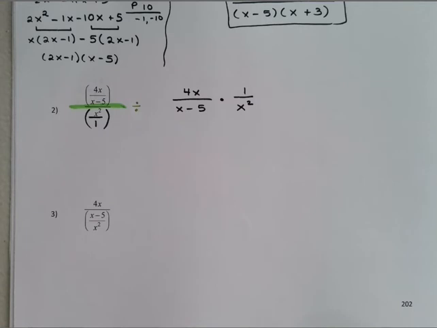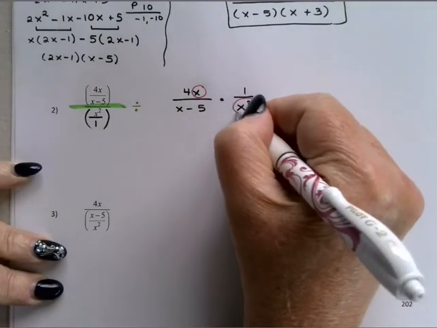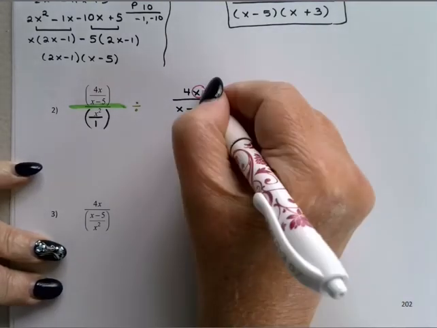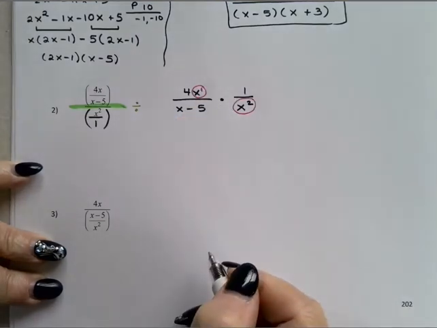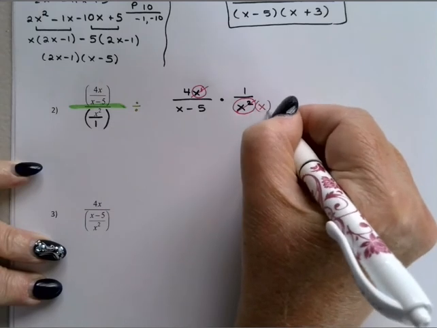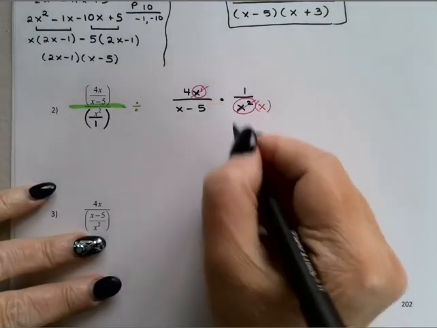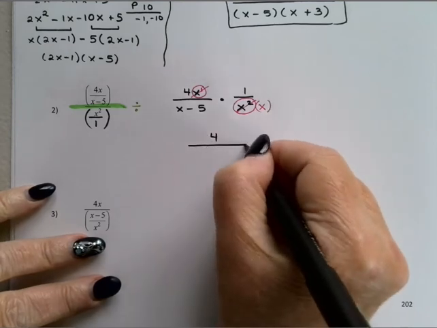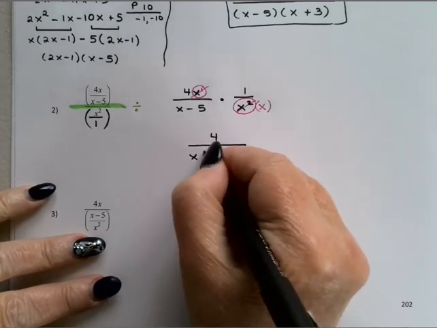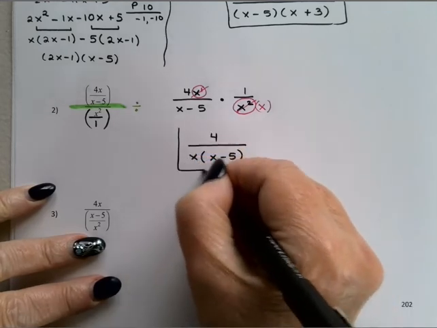In fact, the only thing I really see here is we could say x divided by x squared. When we subtract the exponents, remember that's an x to the first. That would leave us x to the first in the denominator. So 4 times 1 is 4. And on the bottom I've got a factor of x times that x minus 5, which I will leave in factored form again.